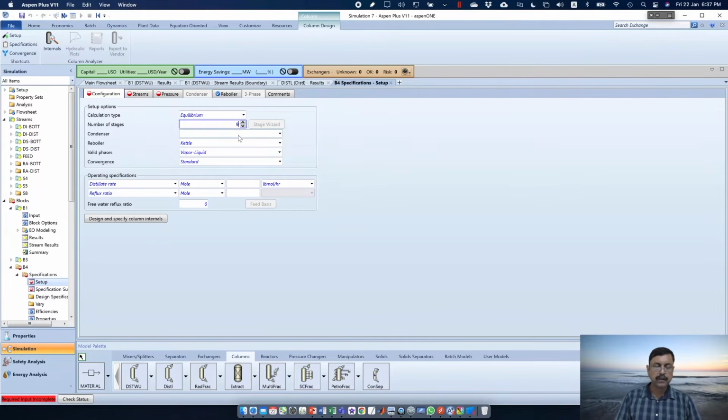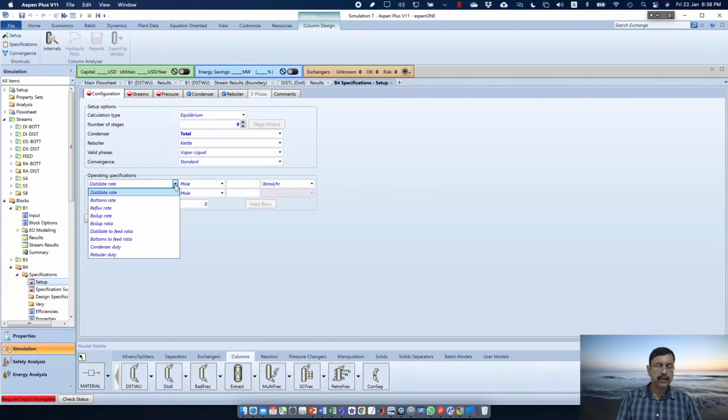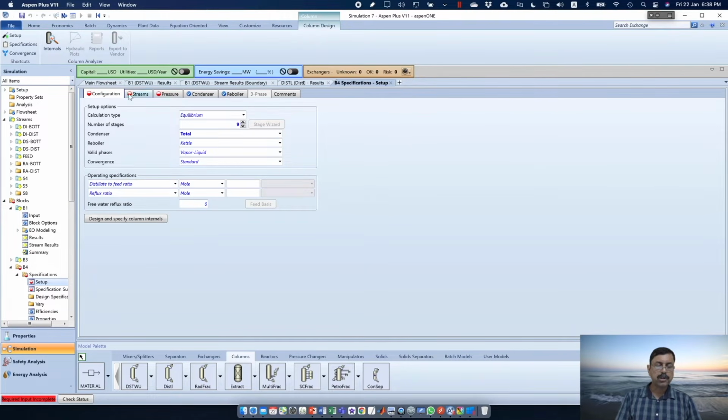Condenser is obviously total condenser, no vapor fraction. Reboiler we can use either kettle type or thermosiphon type. Let us keep it as kettle type. And we have to give this operating specification, either of two. So we have distillate rate, bottoms rate, reflux rate, boil up ratio, and others. Let us use distillate to feed ratio, because this information we already have from our shortcut calculation.